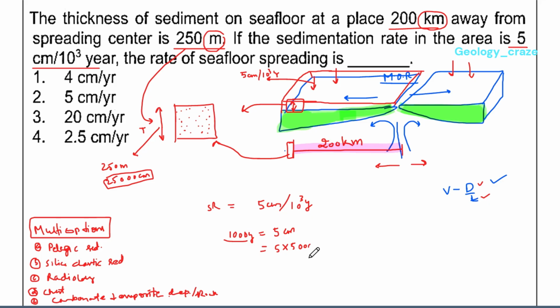In the same way, if I multiply this side with this number to make it this number, we have to multiply the other side also, 1000 into, and how many zeros is important.